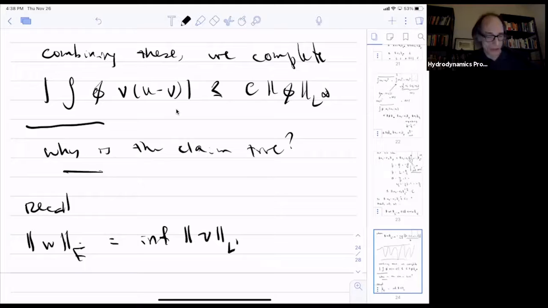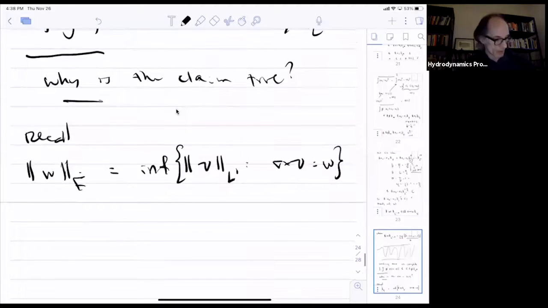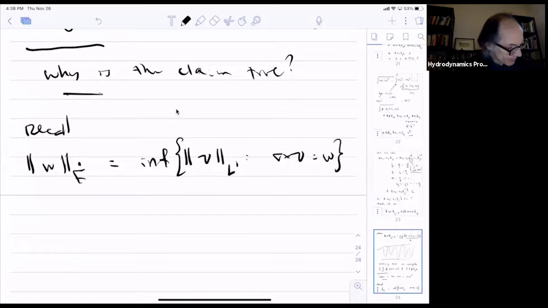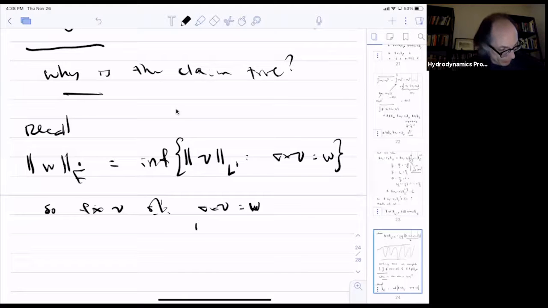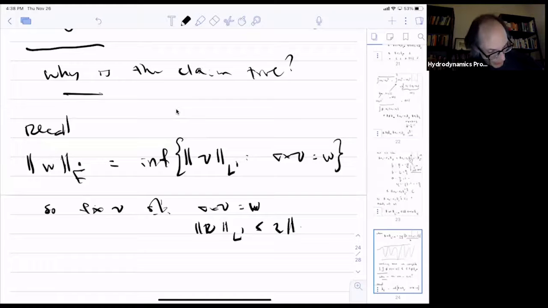It can be a vector valued measure, but we might as well regularize it a bit and make it a function, such that the curl of nu is equal to W. So we proved that, and so fix nu such that the curl of nu is W, and the L1 norm of nu is less than 2 times the homogeneous flat norm of W.